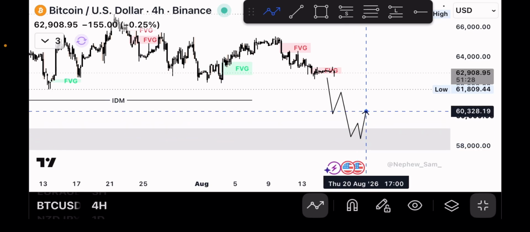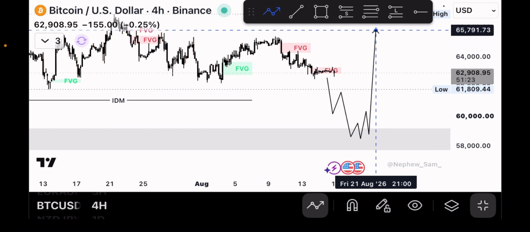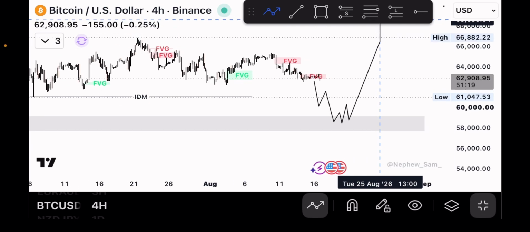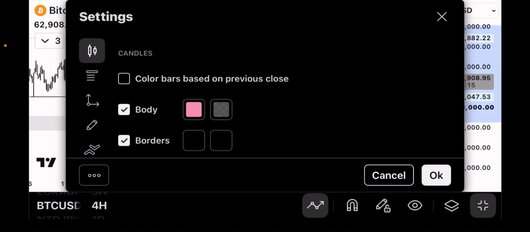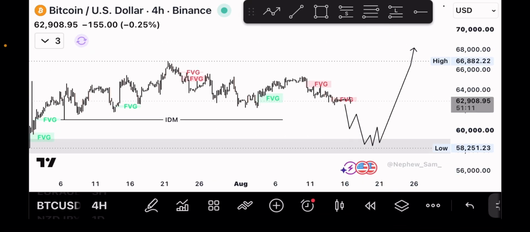And then we buy, then we target the high.